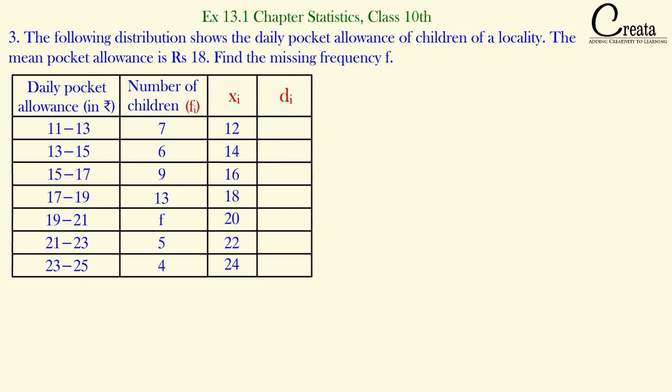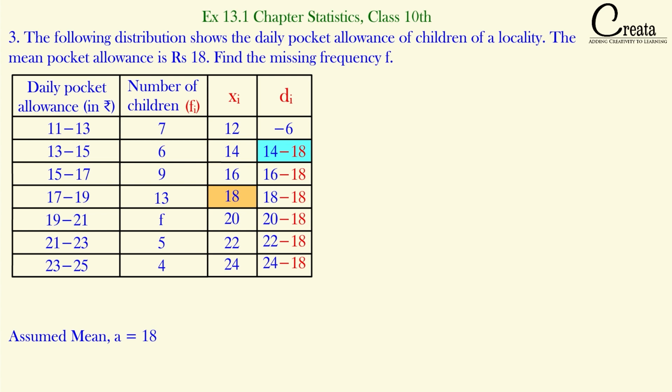Let's find di. How do we find the value of di? We will take one of the values of the observation as the assumed mean. Let's take the midpoint, which is 18. Let's take 18 as the assumed mean, which is a. And how do we find the deviation? We subtract the assumed mean from all the observations. Let's do so. In the first row, 12 minus 18 is minus 6.